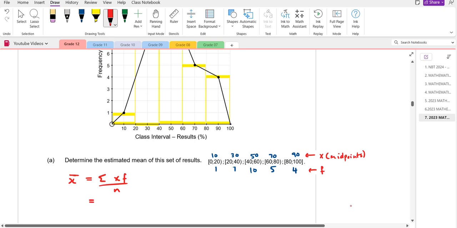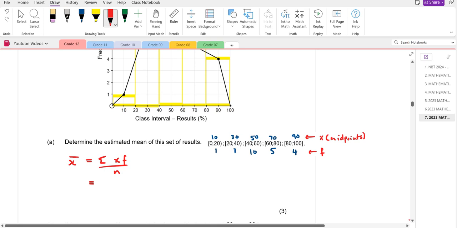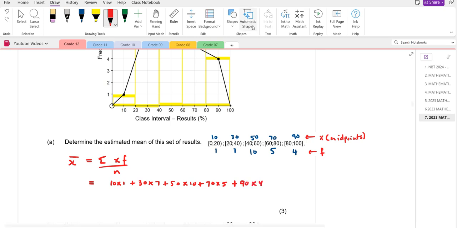What is sigma xf? The sum of all the midpoints times the frequencies. So 10 times 1 plus 30 times 7 plus 50 times 10 plus 70 times 5 plus 90 times 4, and divided by 27.